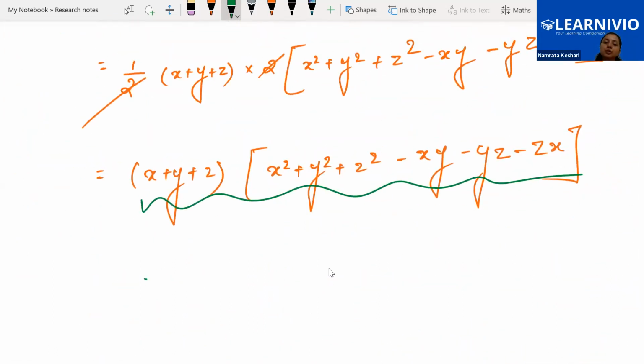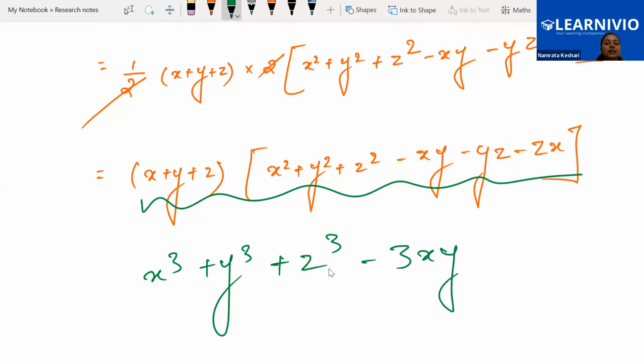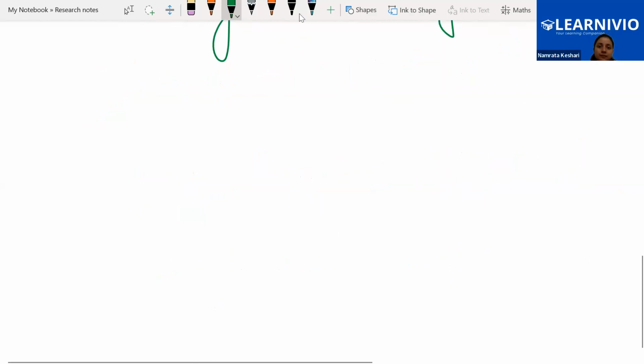This is equal to x cube plus y cube plus z cube minus 3xyz. And hence we are done with getting the left hand side. Right hand side is equal to left hand side. We have done the verification. Clear? Yes, ma'am. Now the next one.